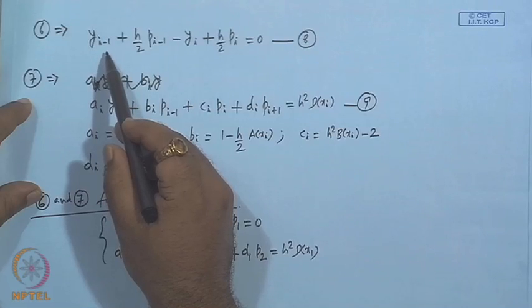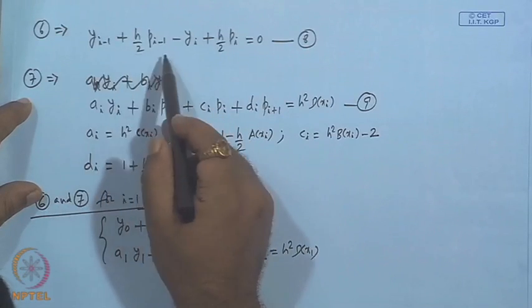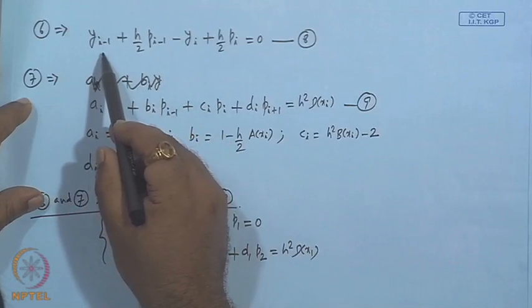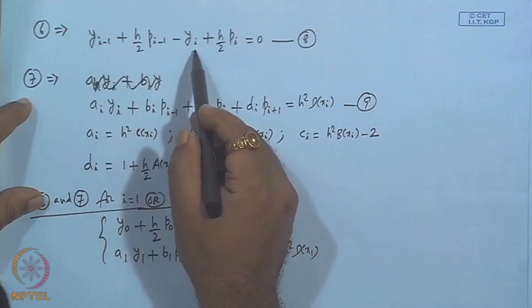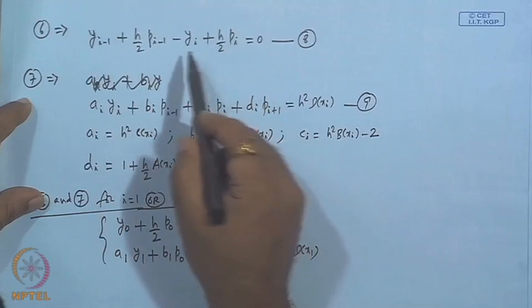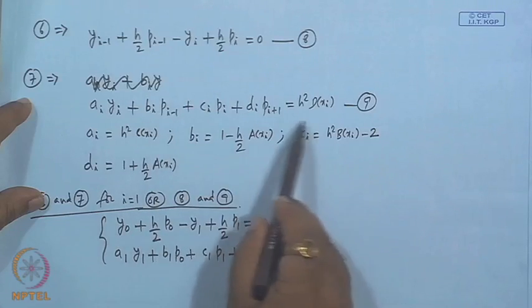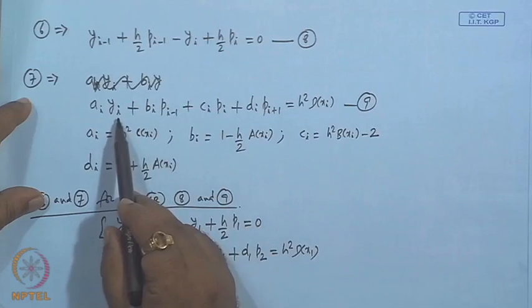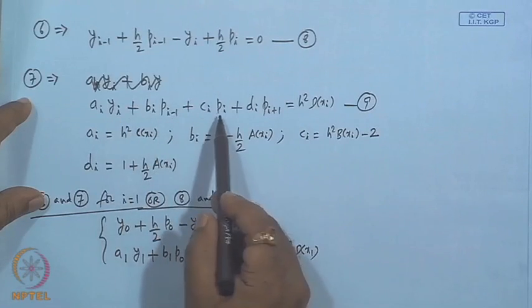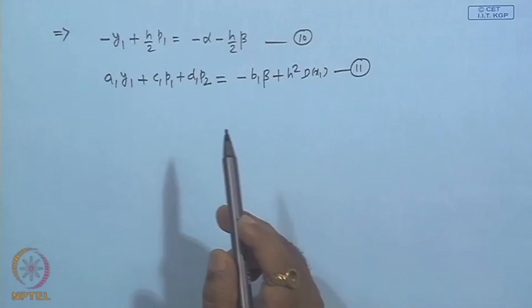Y I p I kind of vector. It is, look at it, y I minus 1, p I minus 1, y I, p I. So, at least the index is matching, but here there is a slight deviation, because y I, p I minus 1, p I plus 1. Let us look at how we can place this.